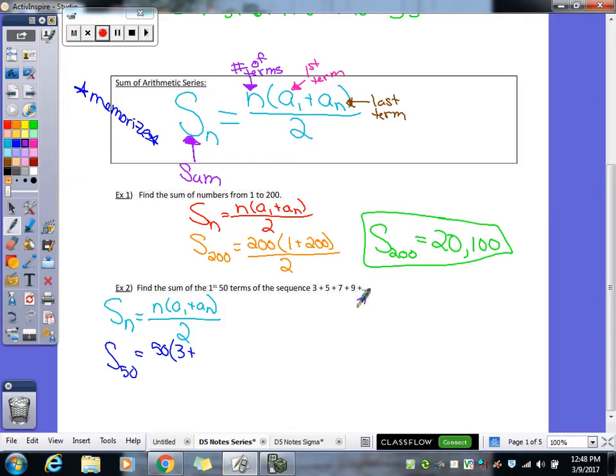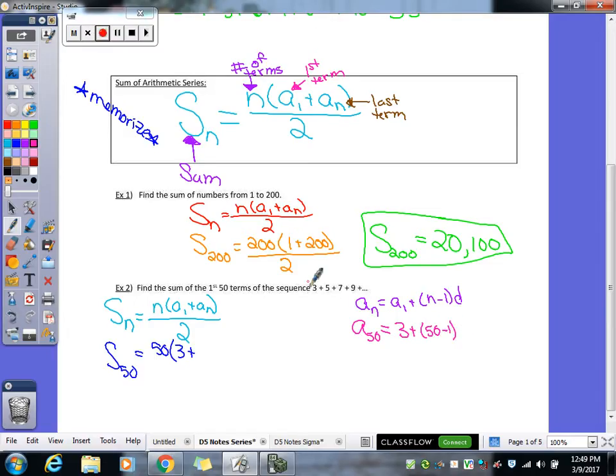In order to figure out your 50th term, we have to think back to the other formulas I have given you so far this unit. With an arithmetic sequence, a sub n equals a sub 1 plus n minus 1 times d. That gives us our 50th term. So a sub 50 equals our first term, 3, and plug 50 in for n.